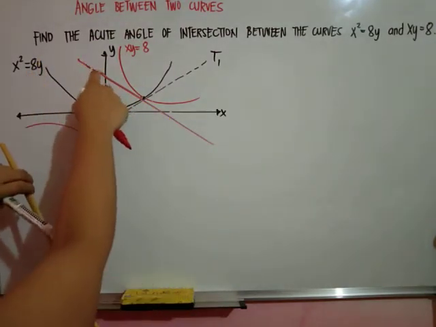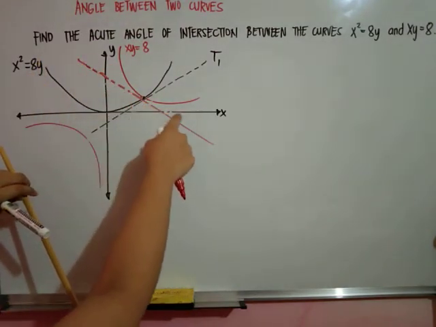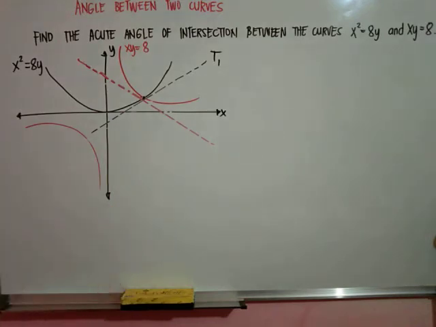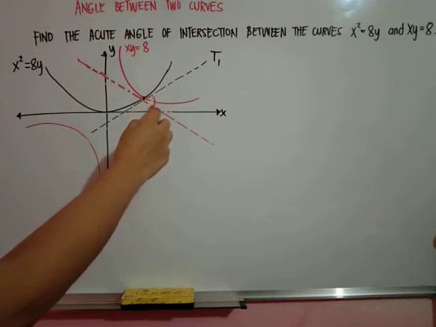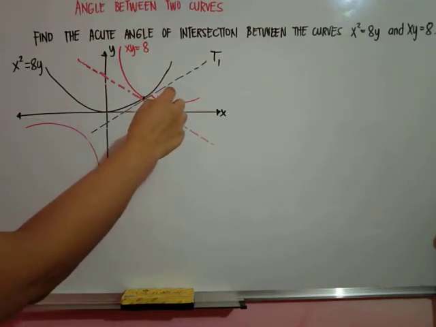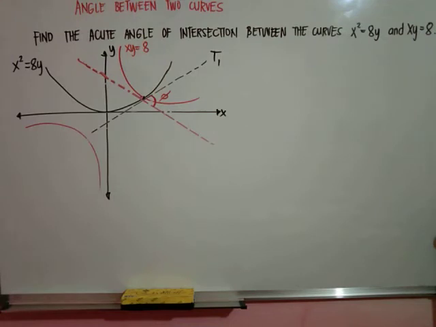So, kapag nakapag-draw ka na nung tangent dun sa dalawang curve, ito siya yung hinahanap nating angle between dun sa dalawang curve.